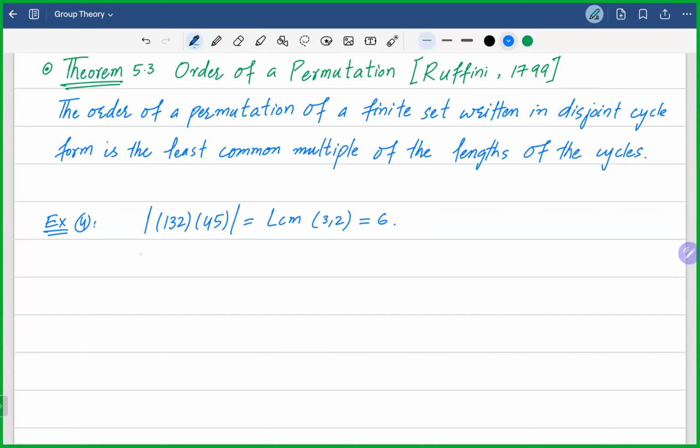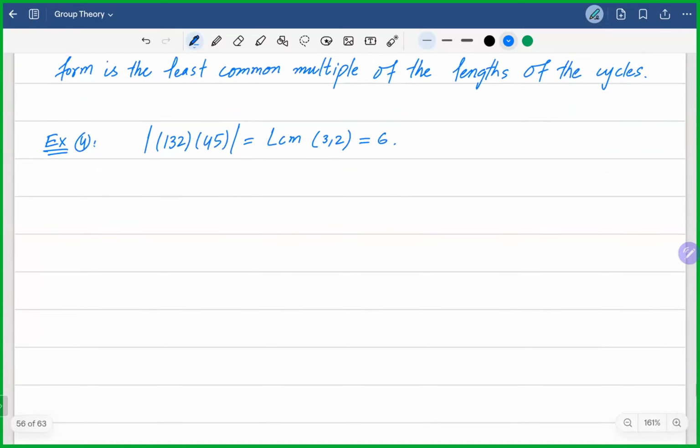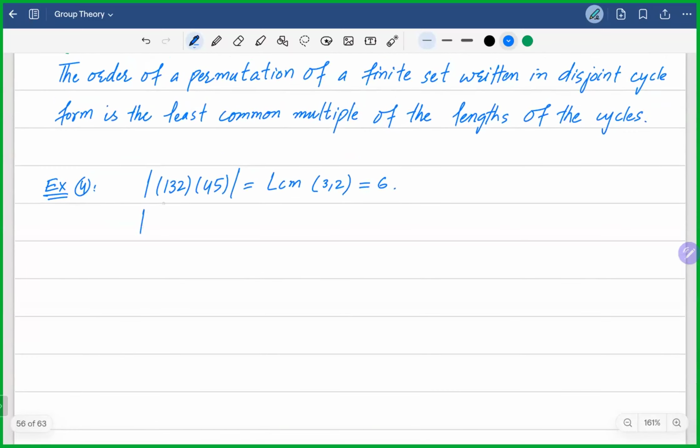Similarly, the order of the permutation (1 4 3 2)(5 6) is the LCM of 4 and 2, which is nothing but 4.